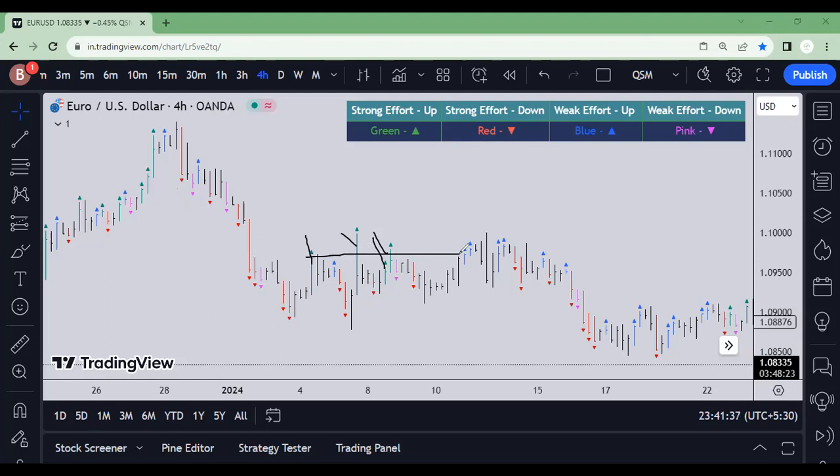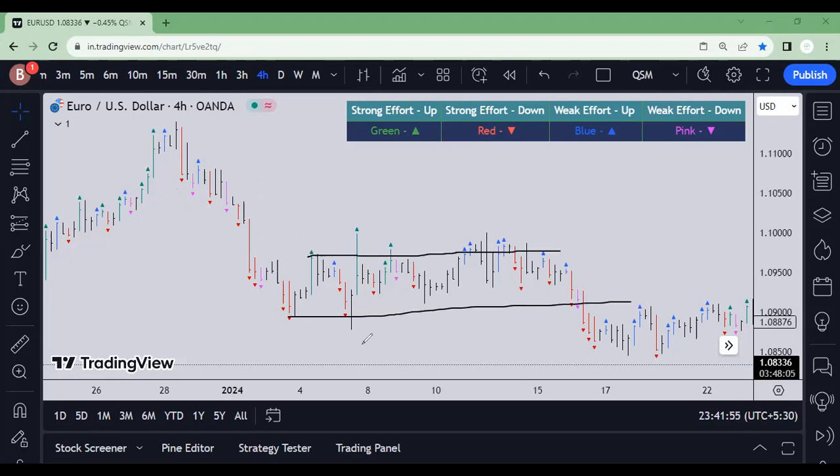Though we are seeing strength, is it resolving in more strength? Is it resolving in price rise? No. Here there was strength.